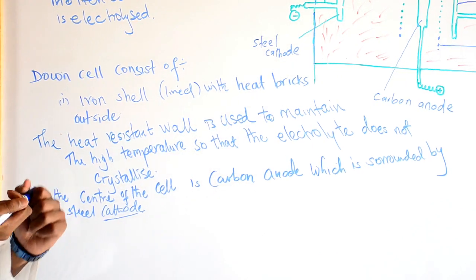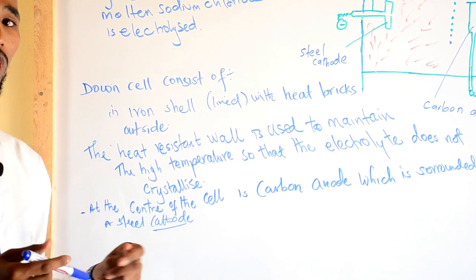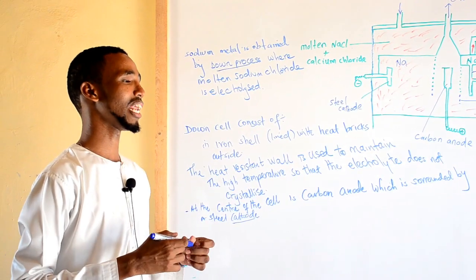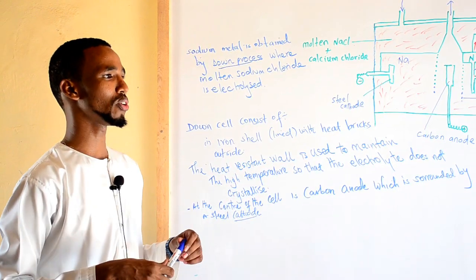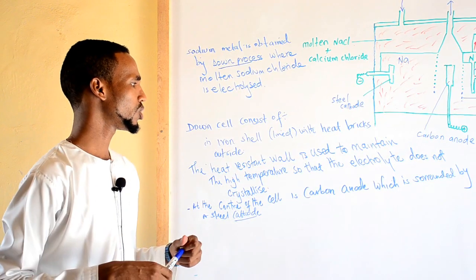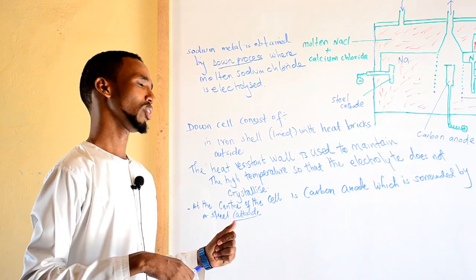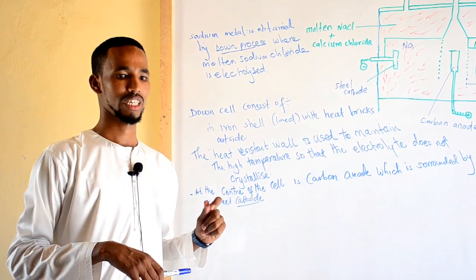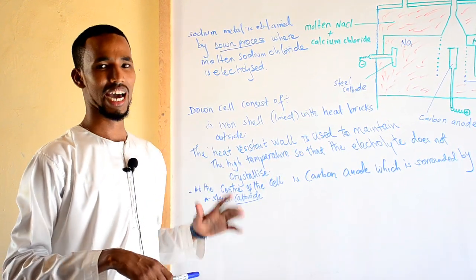Since this is a highly reactive element, the process that we are using is an electrolytic method. For you to discuss electrolysis, we said you must have a cathode and an anode. And you must also have an electrolyte.